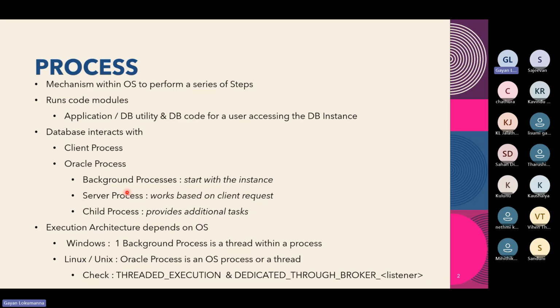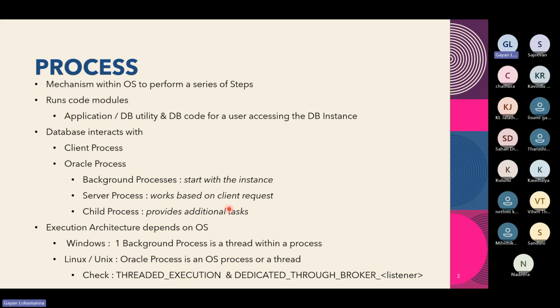And apart from that, you will also find sometimes child processes which will act internally and do some additional tasks. I don't think it's the right time to talk too much about the child processes here, but for the sake of completeness, I have added all three here.